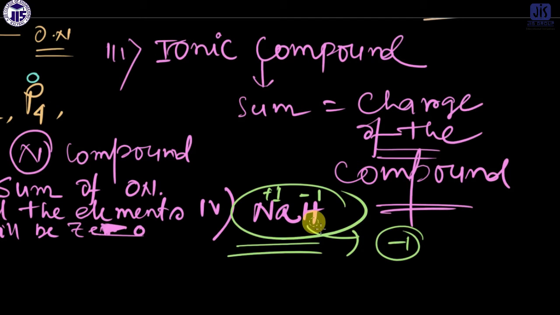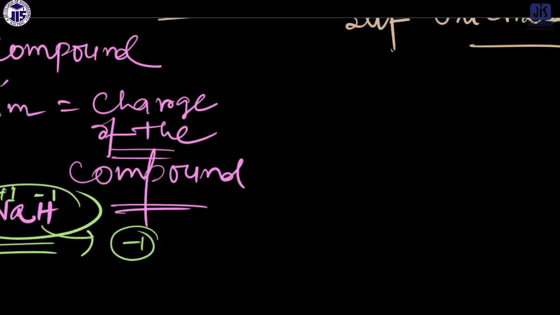If you take the example of calcium hydride, its formula is CaH2. If each hydrogen is -1, obviously calcium will be +2, otherwise 0 will not be possible.